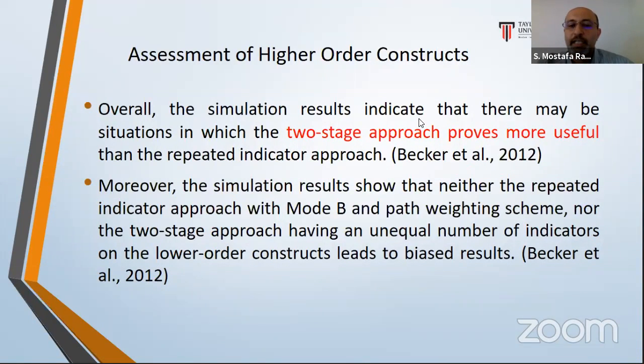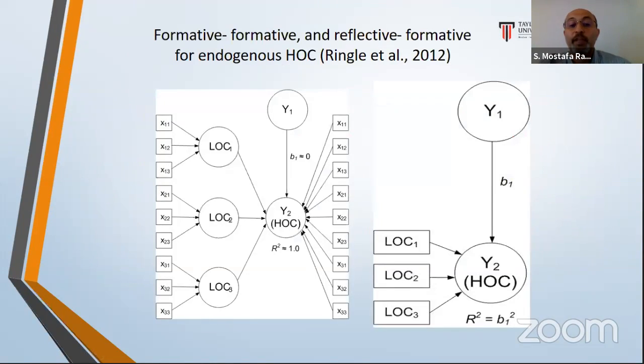Also, based on their simulation, they suggested the two-stage approach is more useful than repeated indicator in different situations, especially when we have a formative higher order endogenous construct. If we apply repeated indicator, it means in the endogenous construct we have three variables.